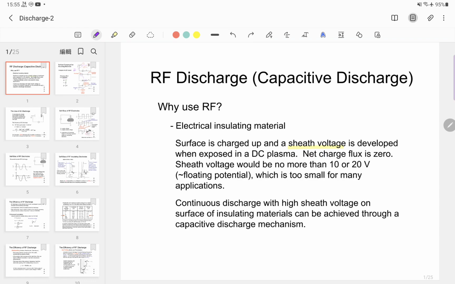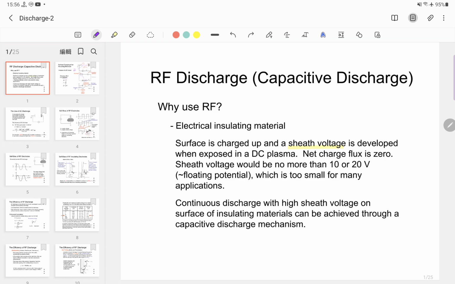But in an RF system, we can generate the plasma, and then the surface of the insulating material can be charged to a few hundred volts, or even 1,000 volts. And here is the analysis of the system.